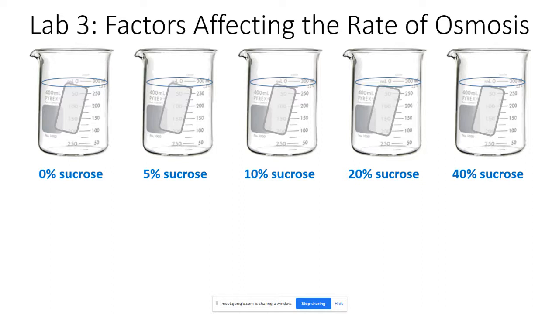So it's a water bag inside a water beaker, right? Then you've got a 5% solution, 10%, 20%, 40%, and again, that's inside the bag, not inside the beaker. The beaker is just water.